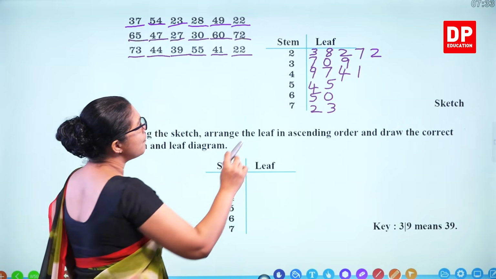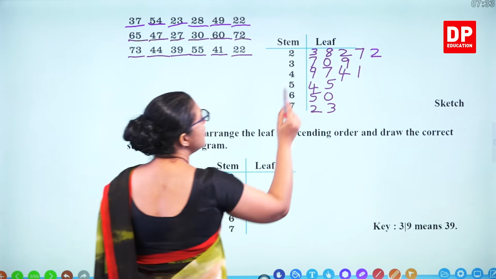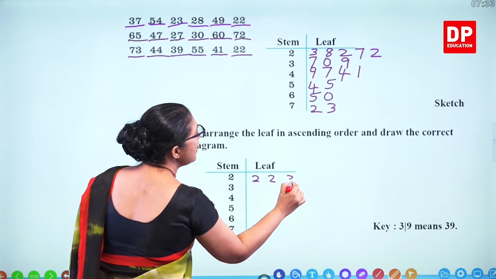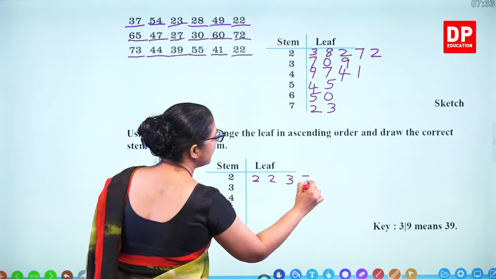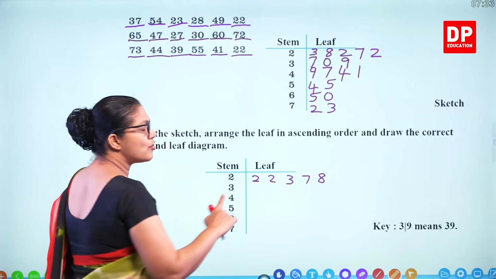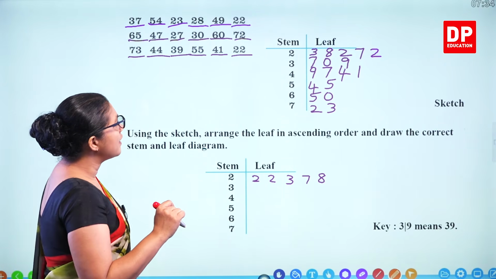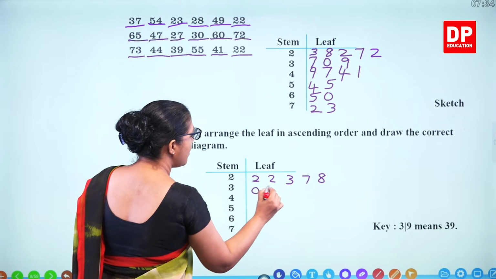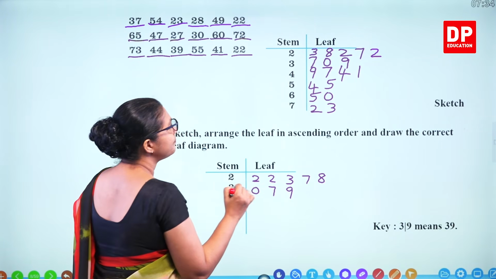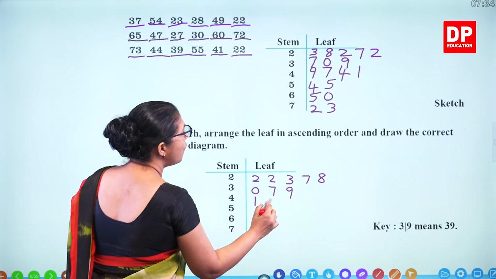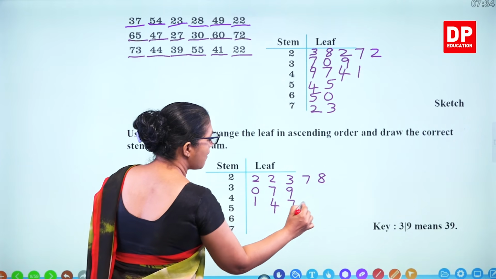So when you take the first row, what's the lowest number? 2. So 2 twice and then 3, 7, 8. So you have to rearrange these in ascending order. When you take 3, you can write 0, 7, 9. For 4, it's 1, 4, 7, 9.